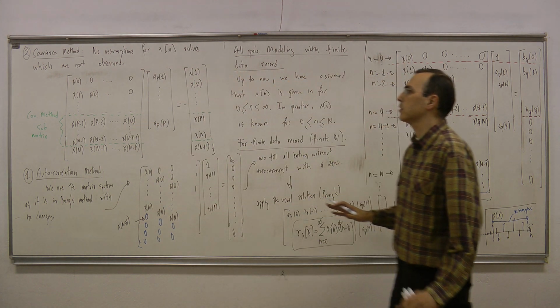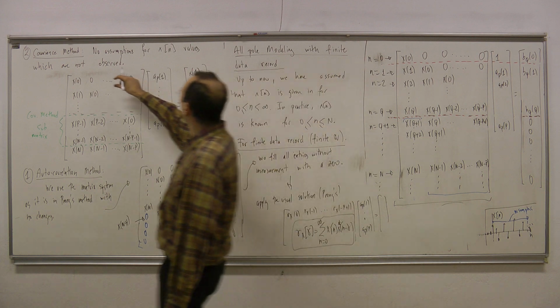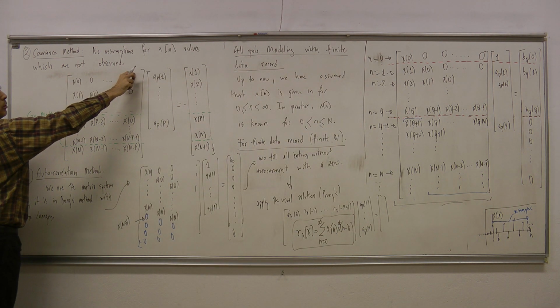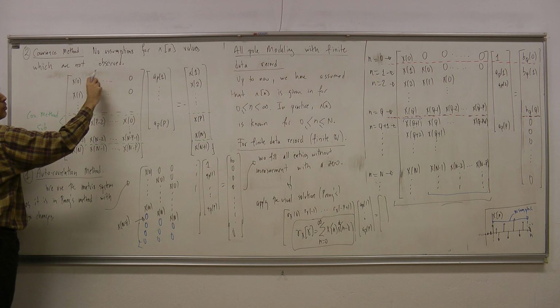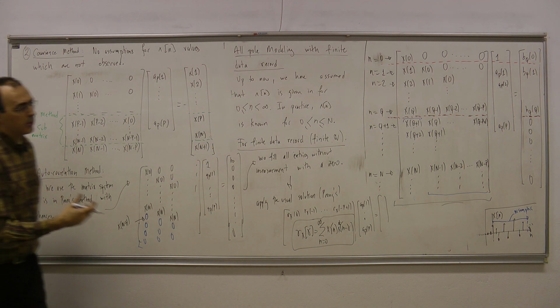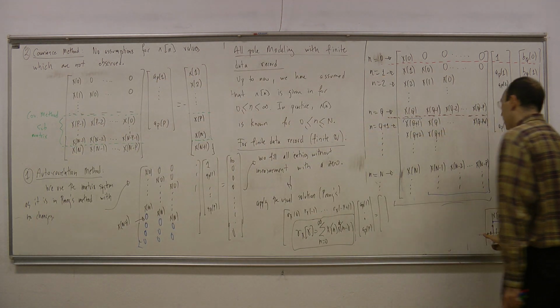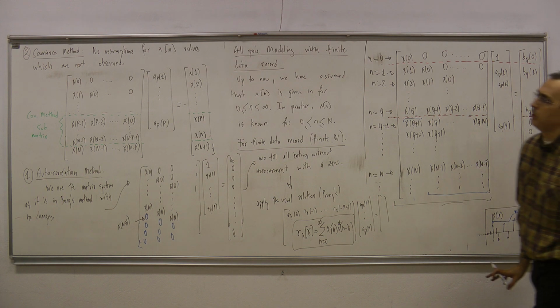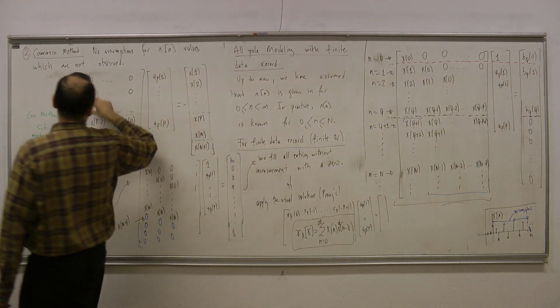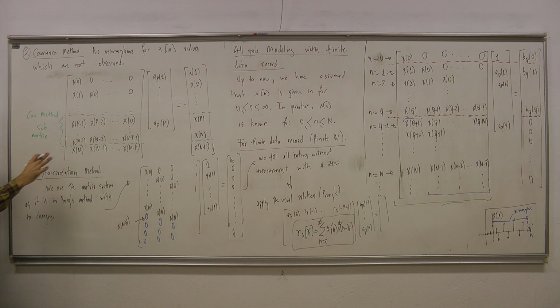Previously, for the negative entries, it was also assumed to be 0. Well, it makes sense for causal systems and so on, but maybe we don't want to assume that also. Maybe this is not an impulse response, but some other measurement that you are trying to fit something.